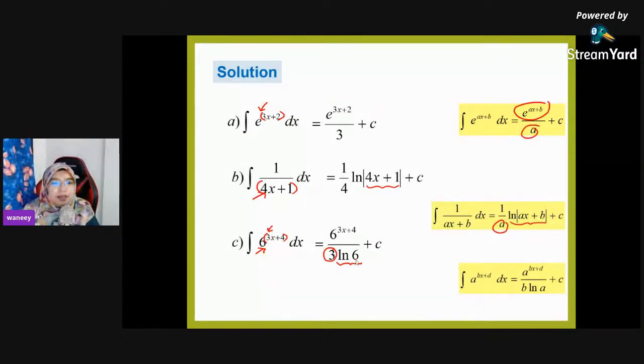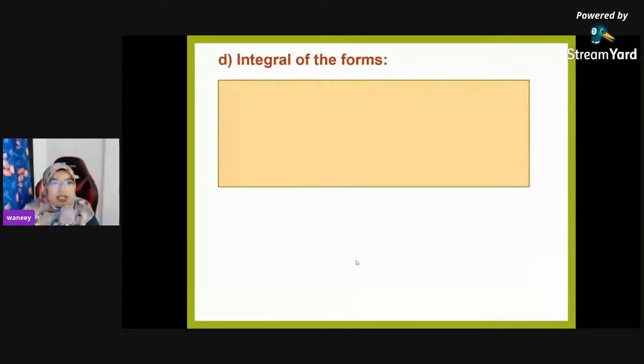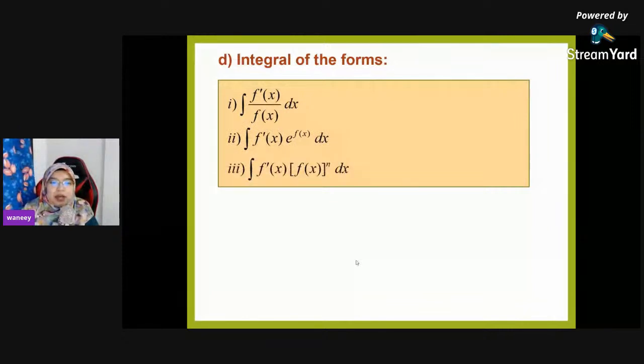Okay, next. Integrals of the form f prime of x over f of x, f prime of x e to the power of f of x dx, and f prime of x times f of x to the power of n dx. So kalau tadi kita tengok everything is about a linear function, right? We got e to the power of ax plus b, or 1 over ax plus b, and ax plus b to the power of n.